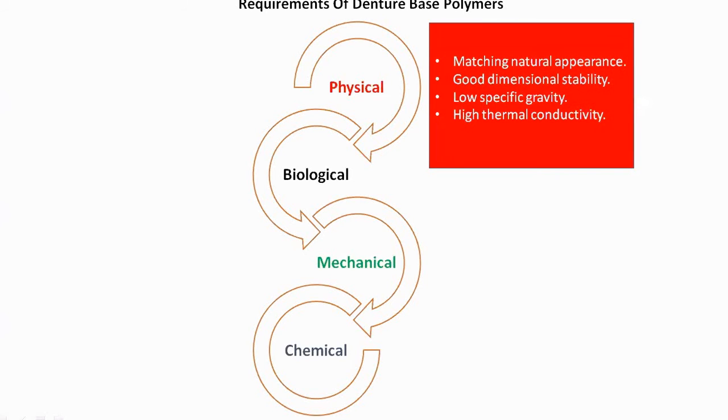Good dimensional stability. It should not change its shape and size. Okay, it should be accurate. It should not change its size. That's why it should be dimensionally stable. Low specific gravity. If you know what specific gravity is, I think you know that, right?